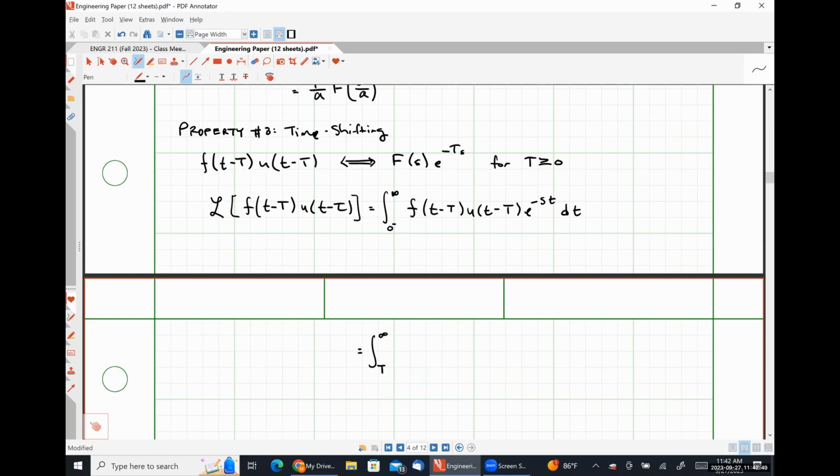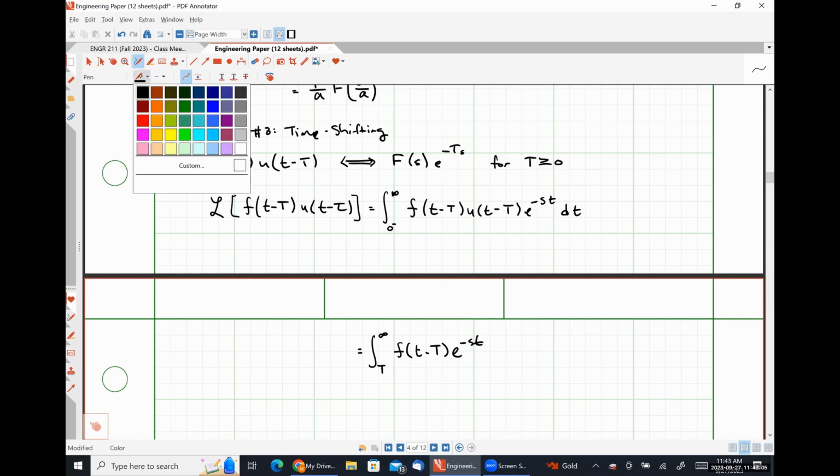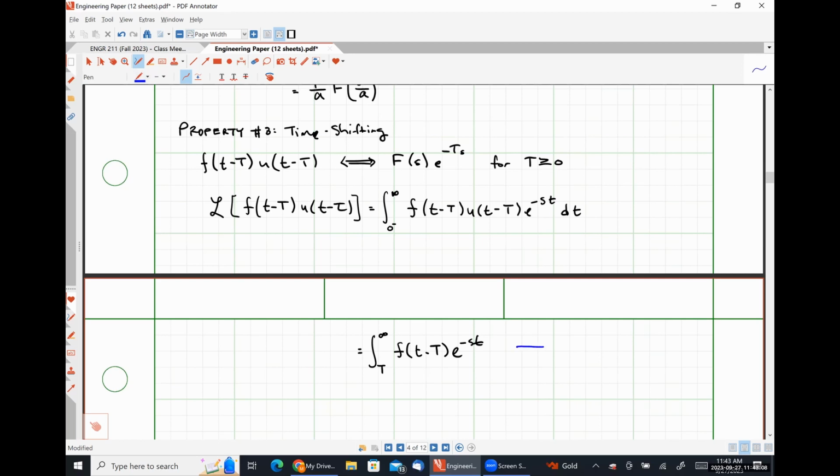We get f of t minus capital T, can't stop saying it, e to the negative st, and let's say that x is t minus capital T, and dt will then be the same thing as dx.